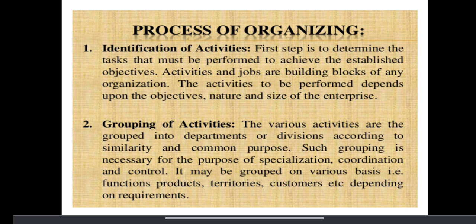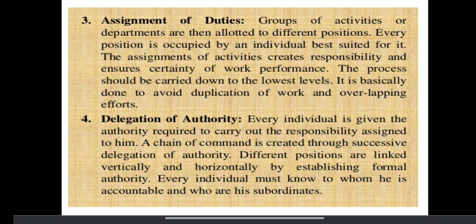To achieve them, we need specialization of people, coordination among the people, and control of subordinates in an organization. So, this depends mostly on the functions of the organization, what product they want to produce, territories, in which zone they are, next customer satisfaction, customer needs, etc.